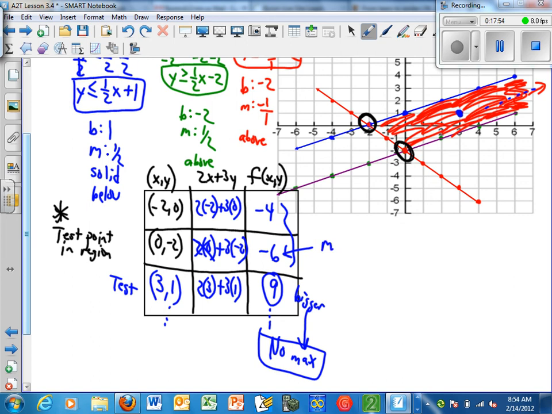So the min is negative 6, and that occurs at the point 0, negative 2. And it has no max. So, and you need to state that instead of just leaving it blank. No maximum, because those points would keep getting bigger.